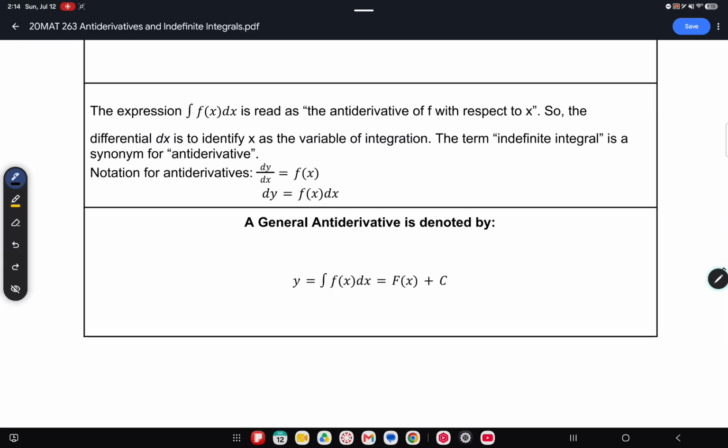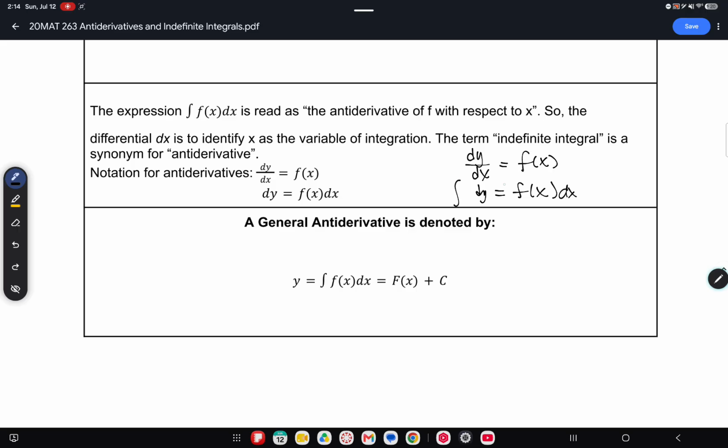We can also think of things this way. We can say a derivative, dy dx, is some function. If I want to put y's on one side and x's on the other, I could just multiply both sides by that dx part, so dy is f of x dx. And if we want to, I'm putting air quotes that you can't see, but imagine they're there, I want to undo that dy and that dx.